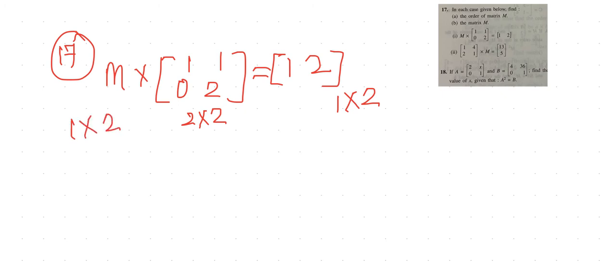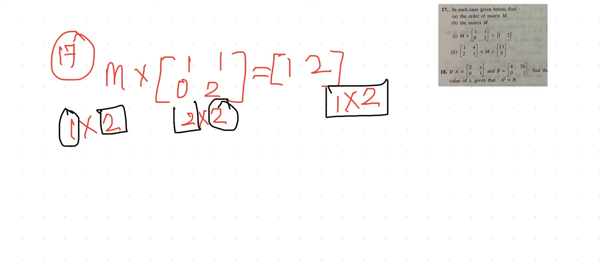Why? Because I explained already, children, that whenever two matrices are multiplied, the order of the resultant product will be equal to the number of rows of the first matrix and the number of columns of the second matrix. So I already have that, so I can replace the values and find out. And how did I get this 2?